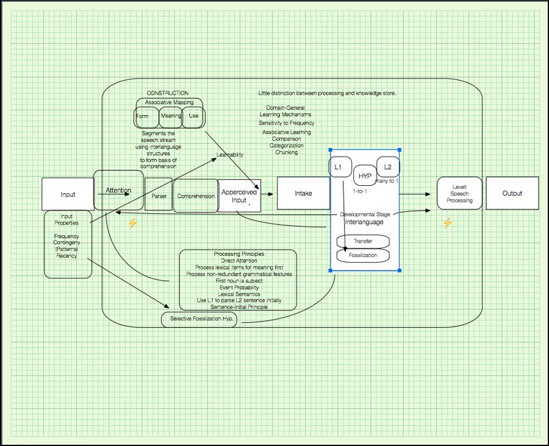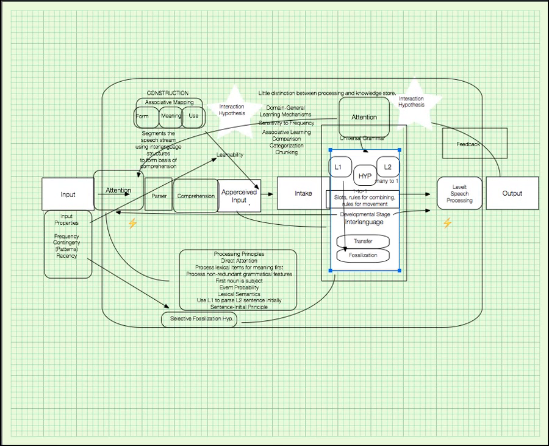And finally, we have complexity theory. And I'll just highlight all of these things. Okay, and all I've done is added a few lines, but basically we have complexity theory, which has been advanced by Diane Larsen-Freeman.